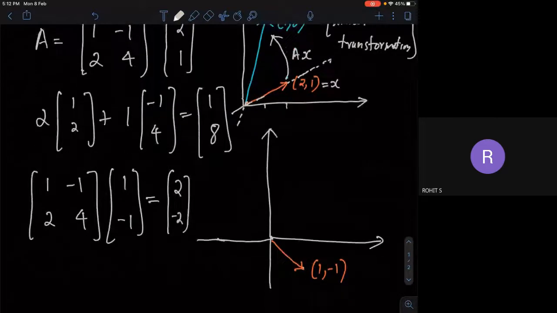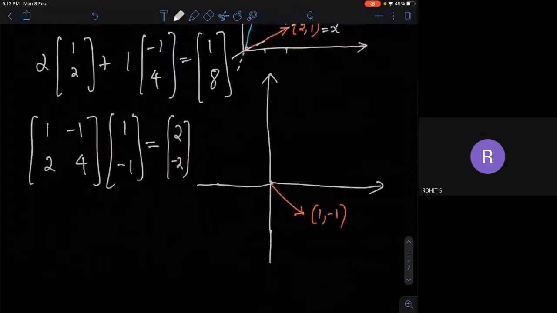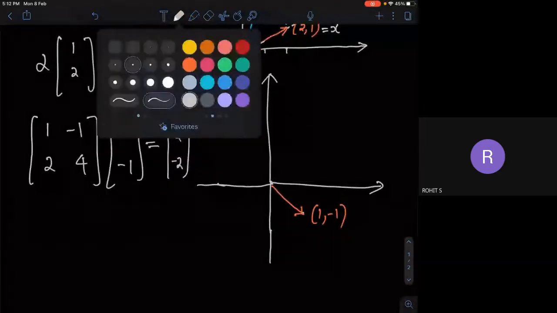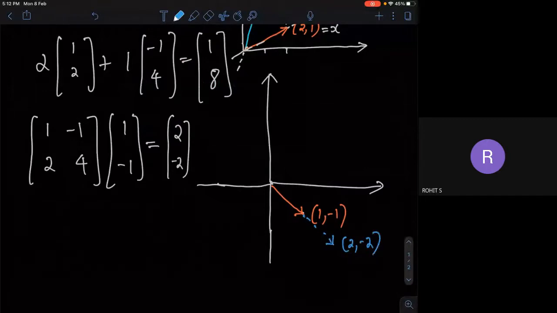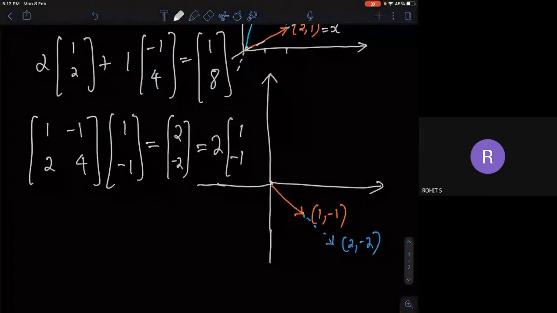And where is that in this picture? In the same direction as 1, minus 1, right? Somewhere here, this is my 2, minus 2. If I rewrite it, this is 2 times 1, minus 1.